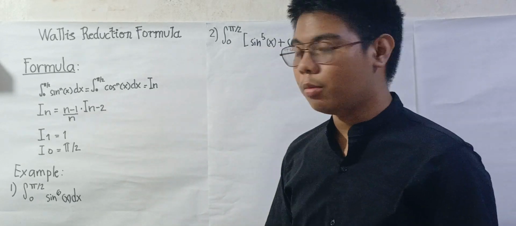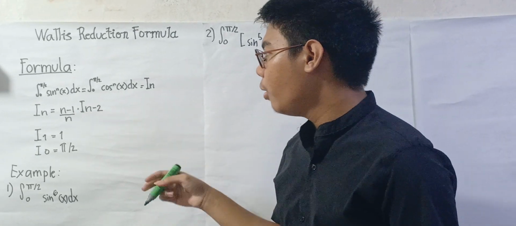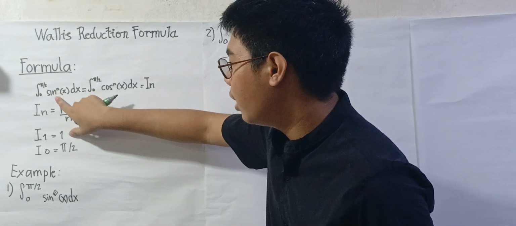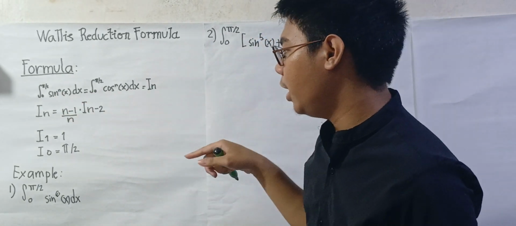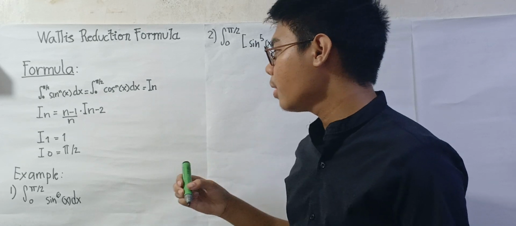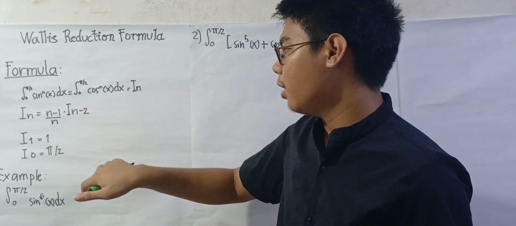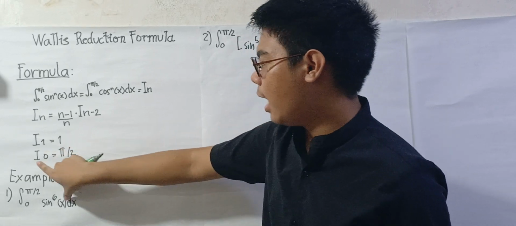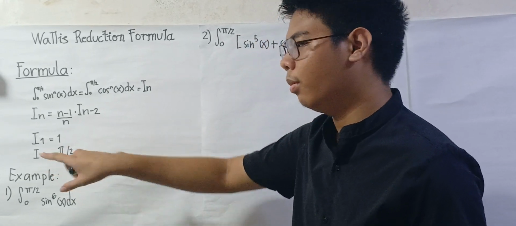So basically, what this means is that we'll repeatedly reduce the powers of either sine or cosine until we reach 1 or 0. And these are the values of I1 and I0.